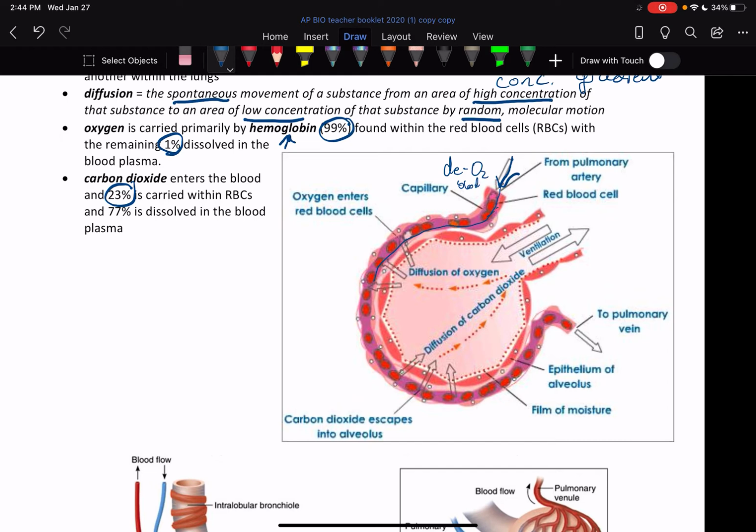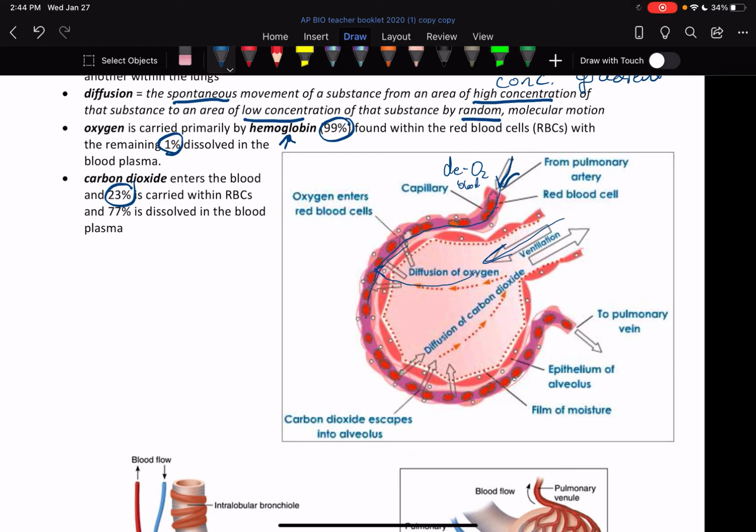Because the concentration of oxygen is so low in the red blood cells and the blood plasma, oxygen is going to diffuse out of the alveoli into the blood, because you've just breathed in fresh air. Now the concentration of CO2 is really high in this blood.